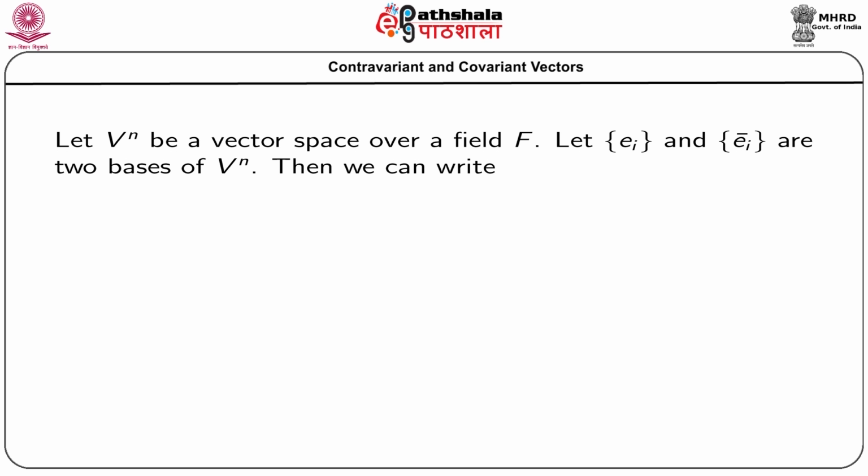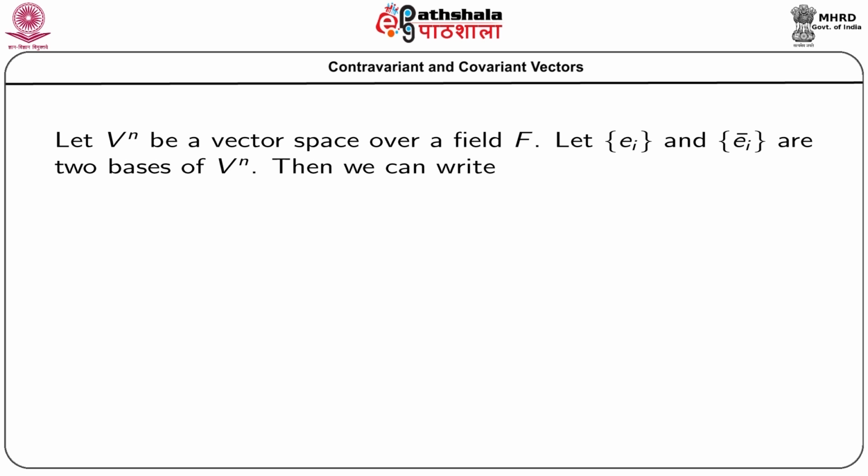So, let V_n be a vector space over a field F. The field may be the set of real numbers or complex numbers, whatever it may be, and let E_i and E bar_i be two bases of this vector space. We know that in a vector space there are an infinite number of bases.